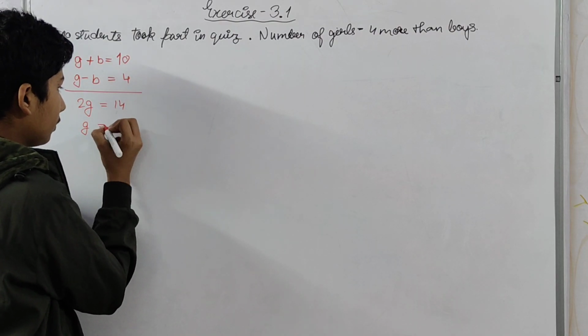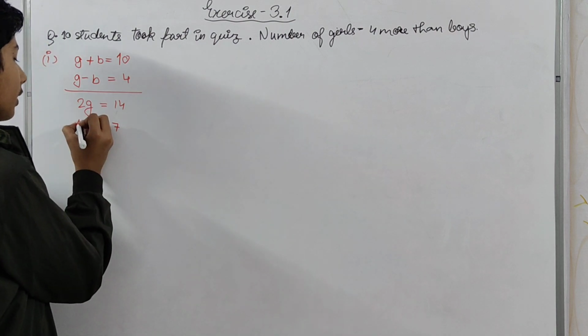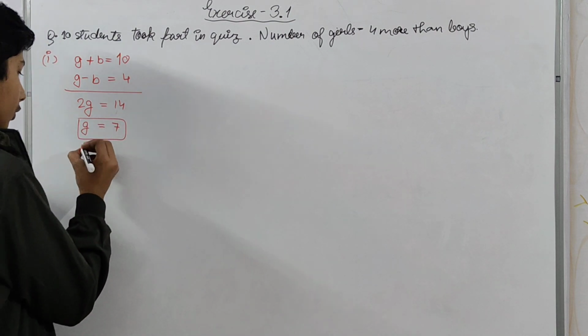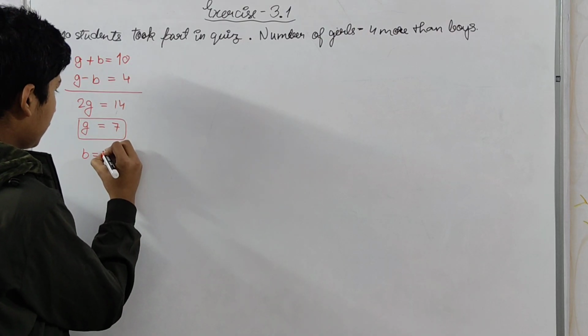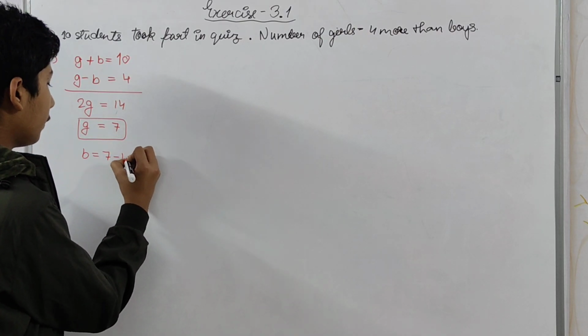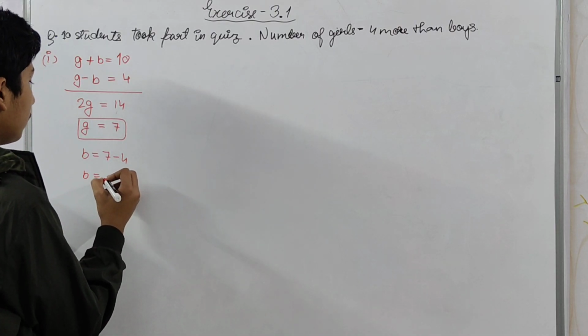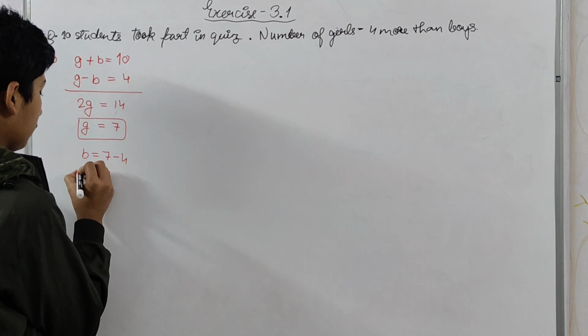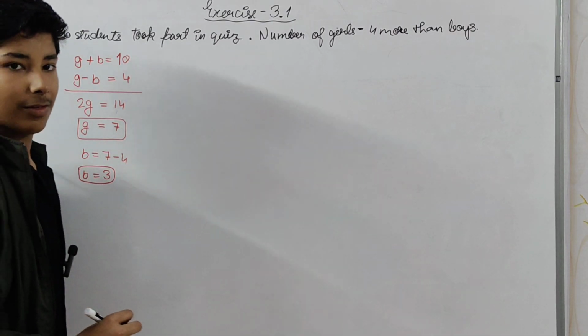So G equals 7. Okay, girls are 7. So boys equals 7 minus 4. B equals 3. So there are 3 boys and 7 girls.